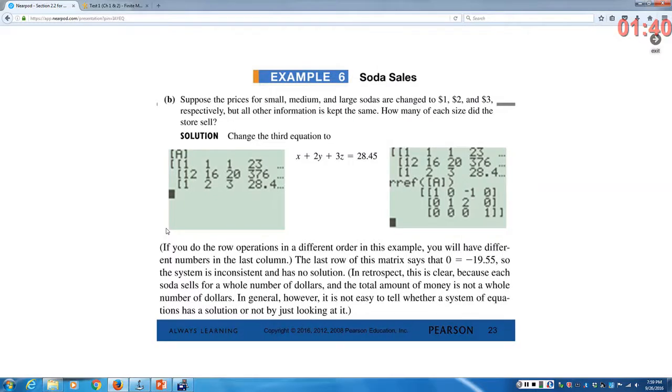And then it says, suppose the prices for small, medium, large are changed to $1, $2, and $3, and all the others kept the same. How many of each size did the store sell?